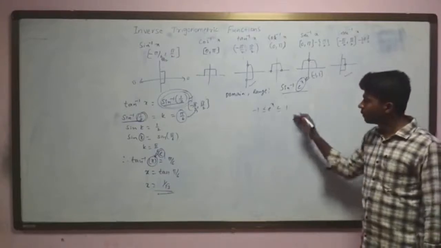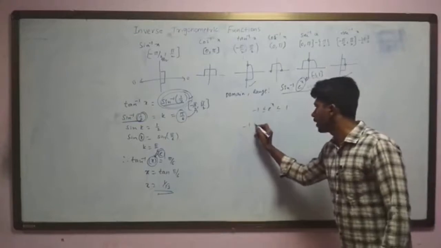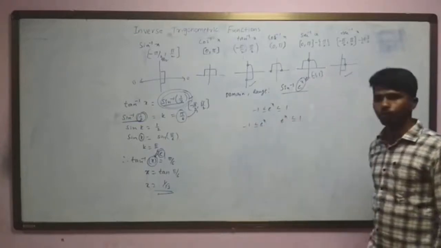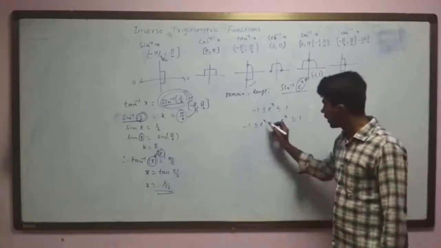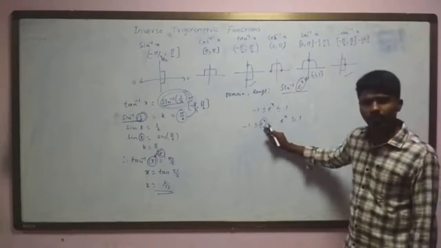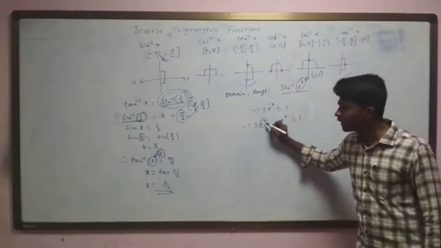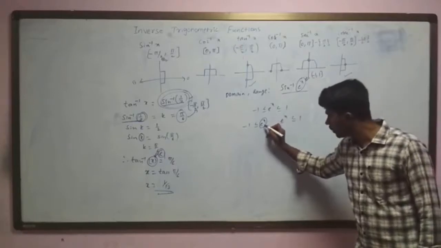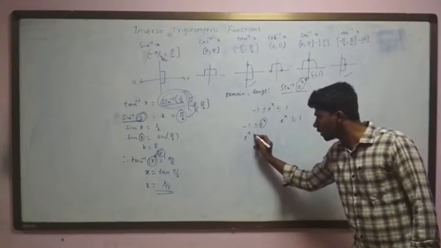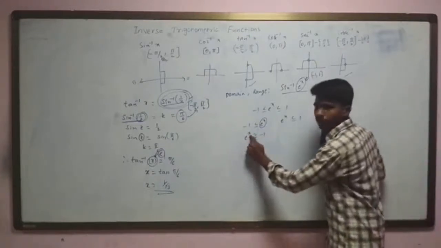If it lies between minus 1 and plus 1, we get two conditions: one, minus 1 is less than or equal to e power x, and second, e power x is less than or equal to 1. For this, the exponential of any number is always positive. So e power x is greater than or equal to minus 1 for all the values of x.